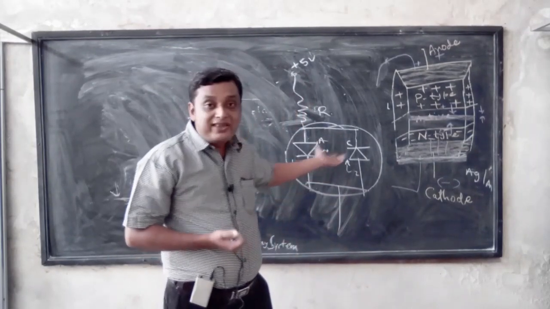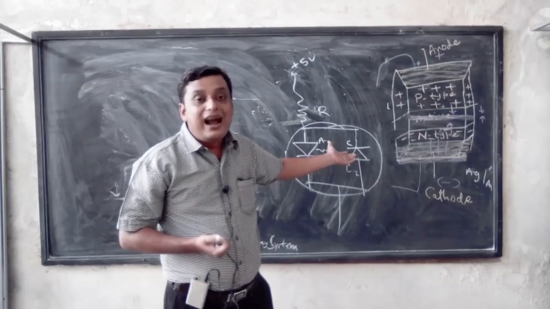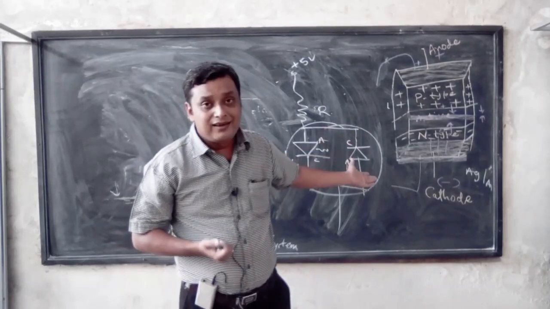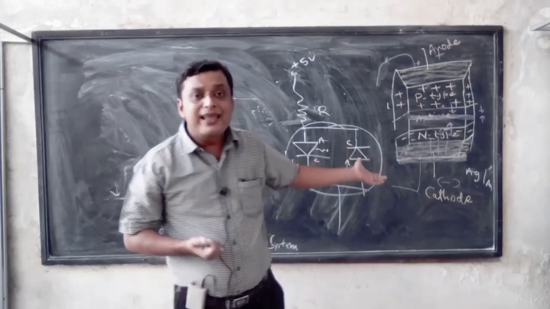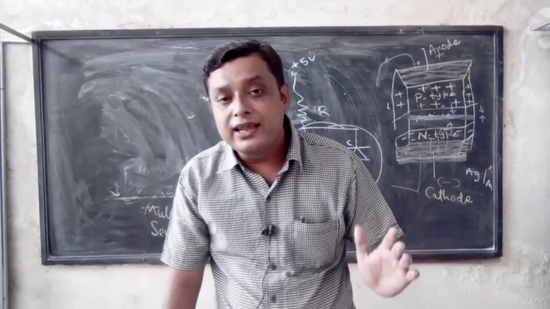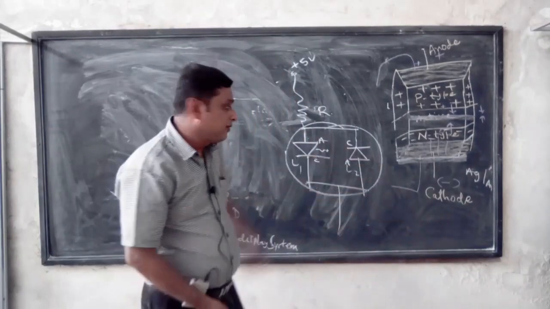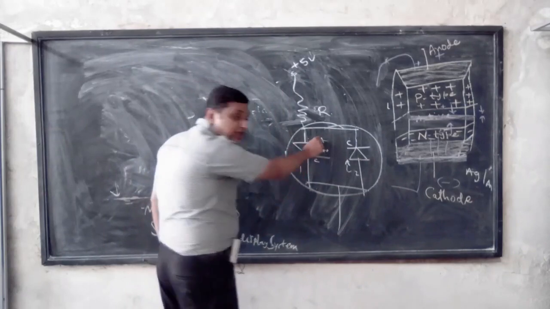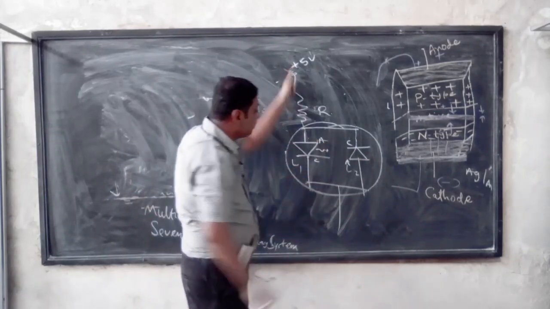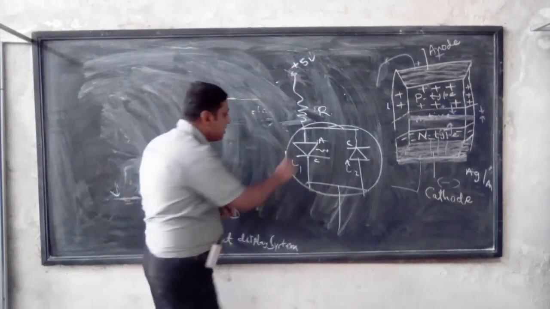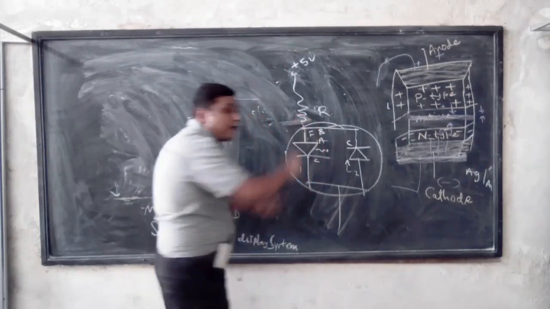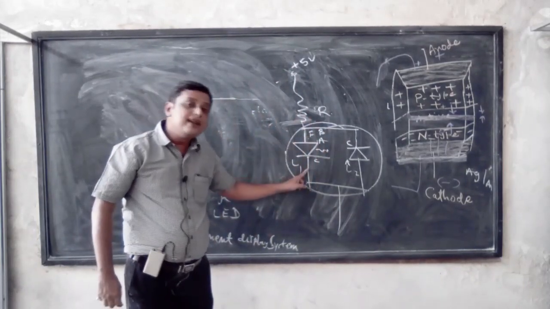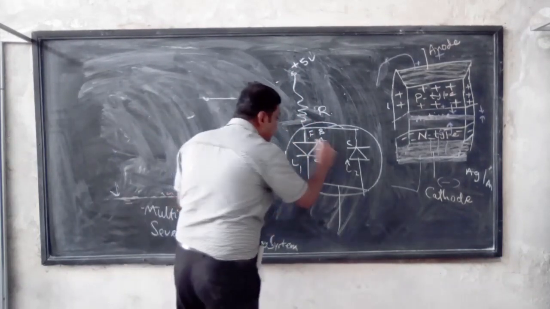So, which LED is under the forward bias condition, that LED is able to generate the light. So, let's check. Anode means positive terminal. So, this LED 1 is under the forward bias region, so LED 1 is able to generate the light energy.